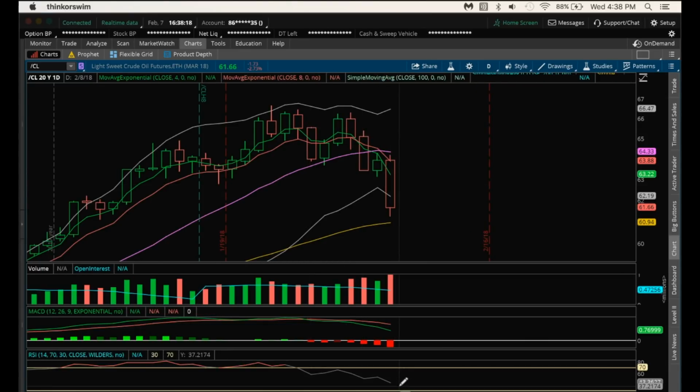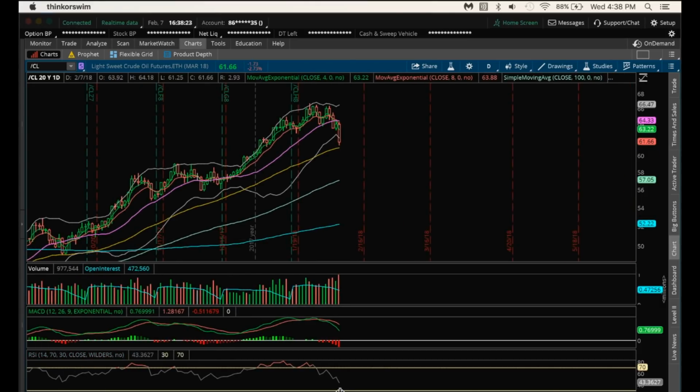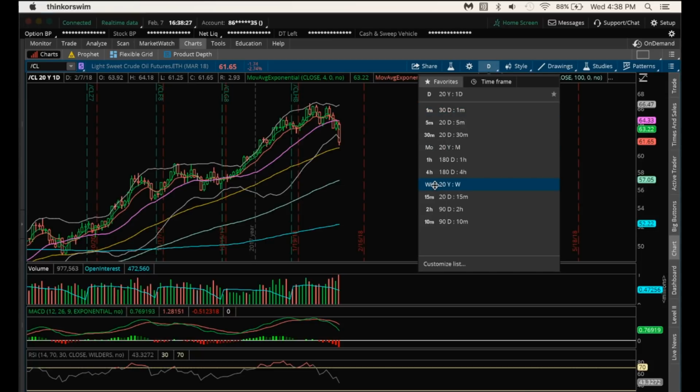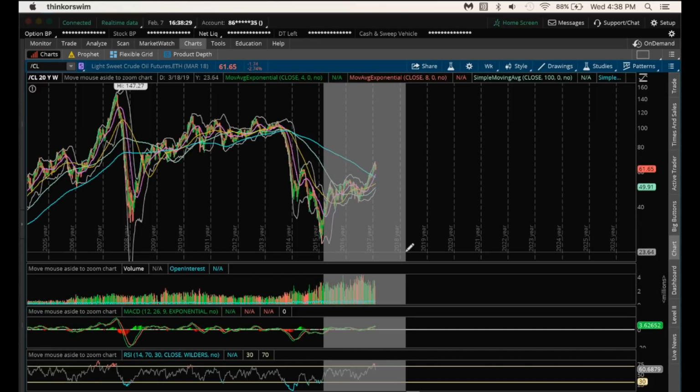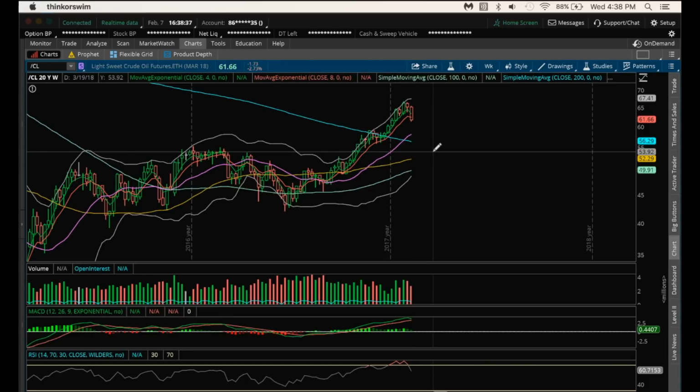And as RSI on the daily continues to drop, if it gets to these oversold conditions in the 30s before that weekly hits this recent low here at 55.82, that's when I would look for a bull position again, after it pulls back some.